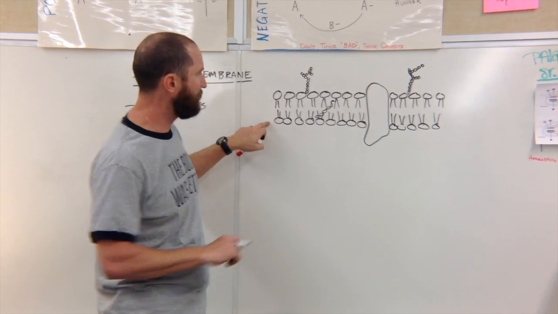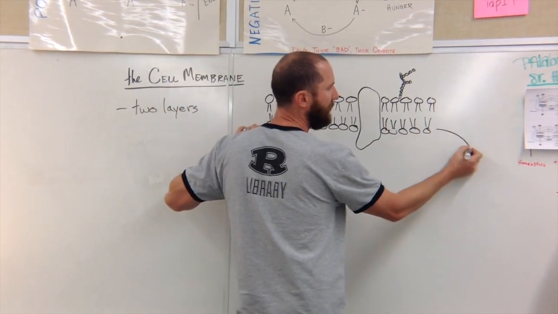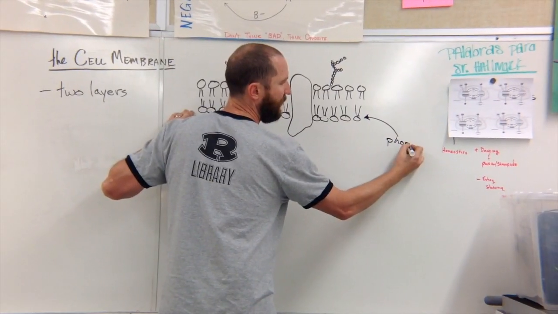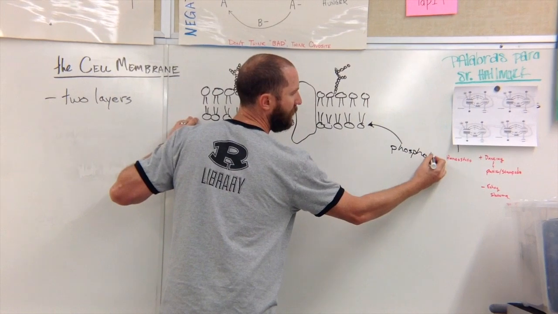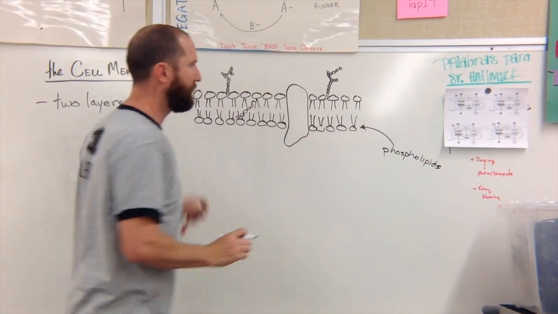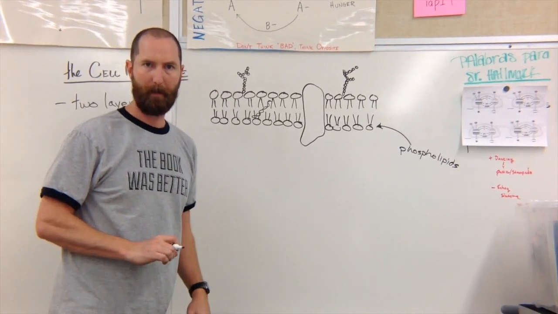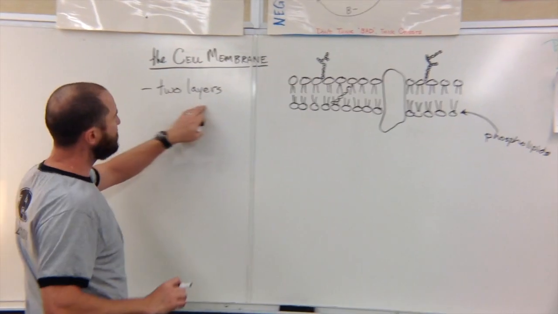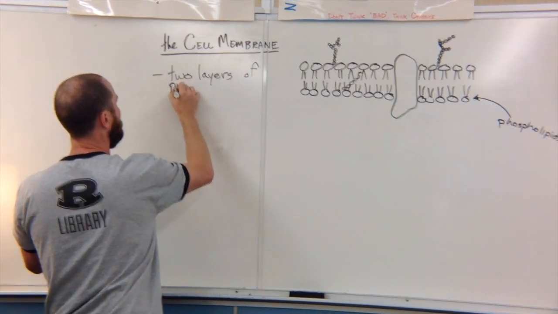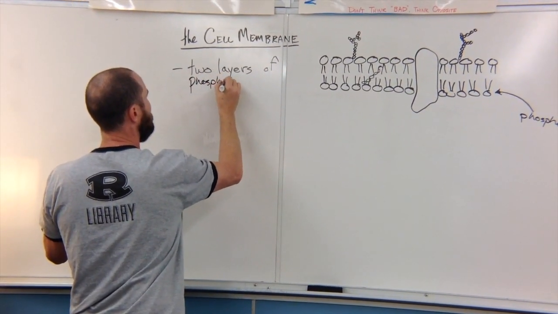And each of these layers are made up of these little molecules right here called phospholipids. It's a big long name for something so small. So our cell membrane is made up of two layers of phospholipids.